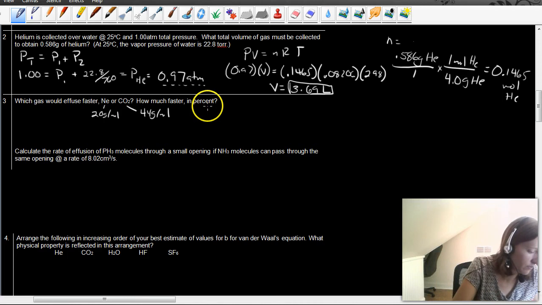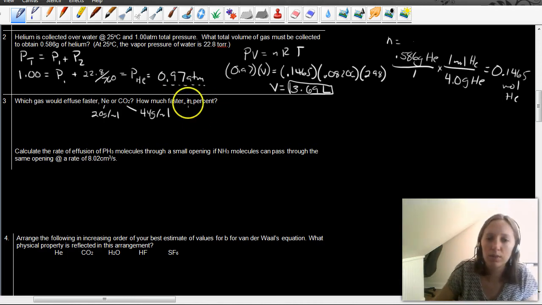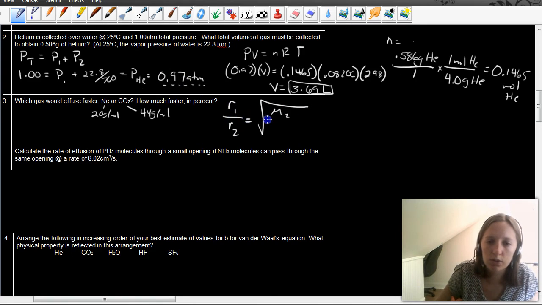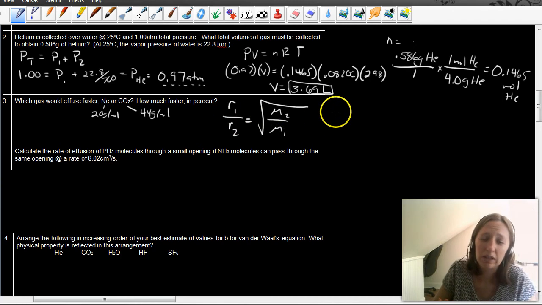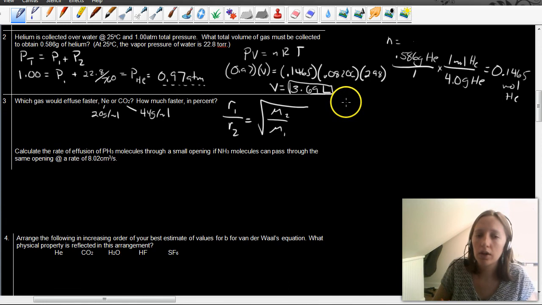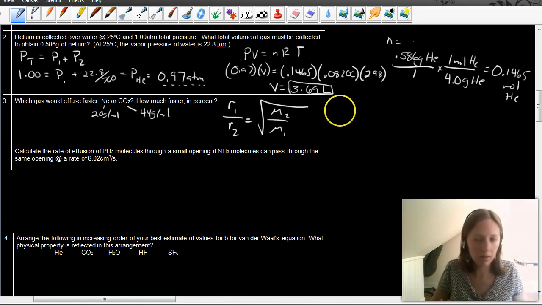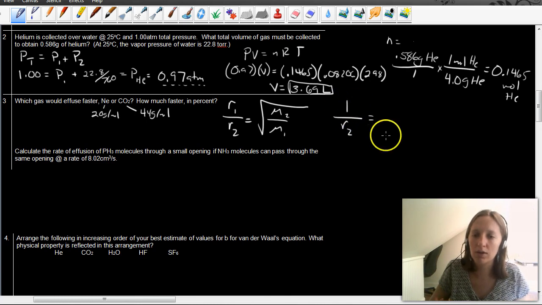We're going to compare them and assume that one of them is just a rate of 1. So rate versus rate equals square root of m2 over m1. If you're comparing these two gases and you don't really have a rate of effusion for one of them, you can just say that the first guy has a rate of, say, 1, and the second guy, we will be able to compare him.